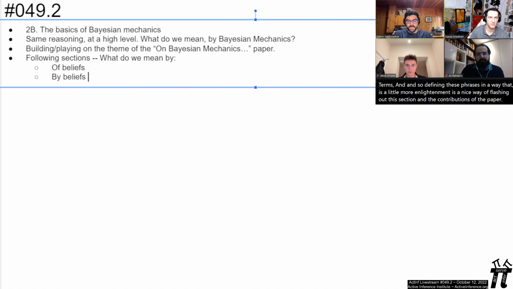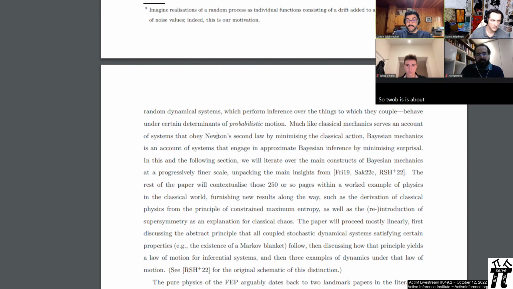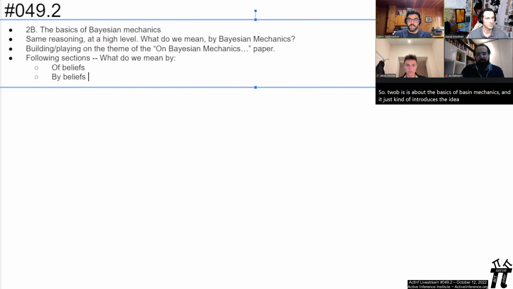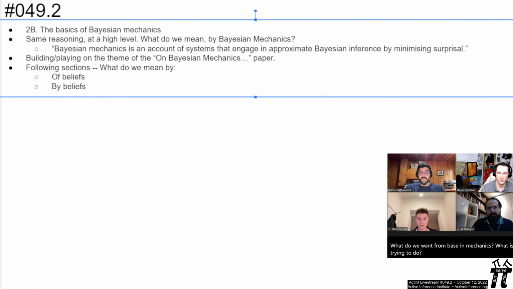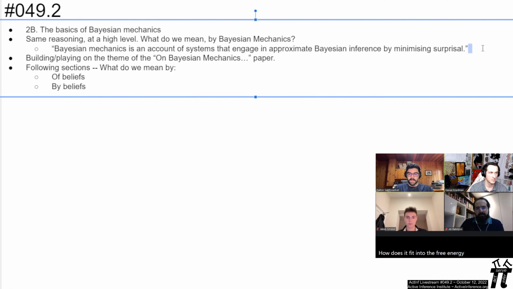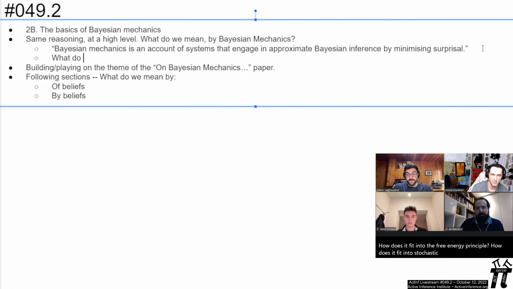So 2B is about the basics of Bayesian mechanics, and it just introduces the idea. What do we want from Bayesian mechanics? What is it trying to do? How does it fit into the free energy principle? How does it fit into stochastic process theory?